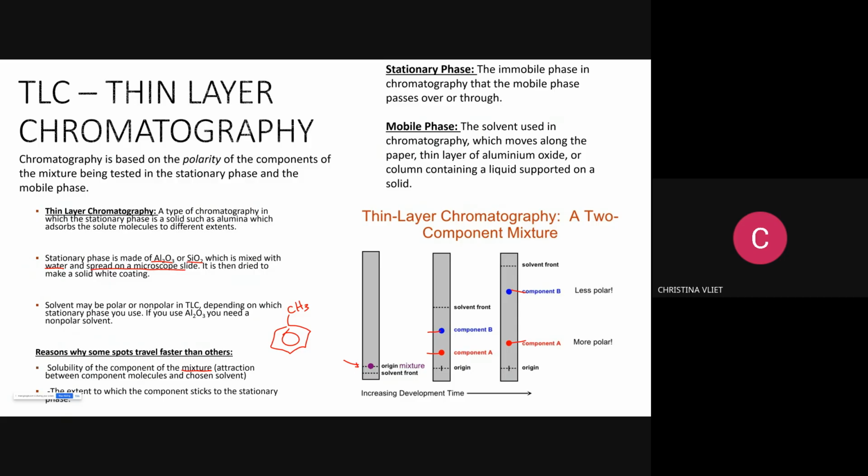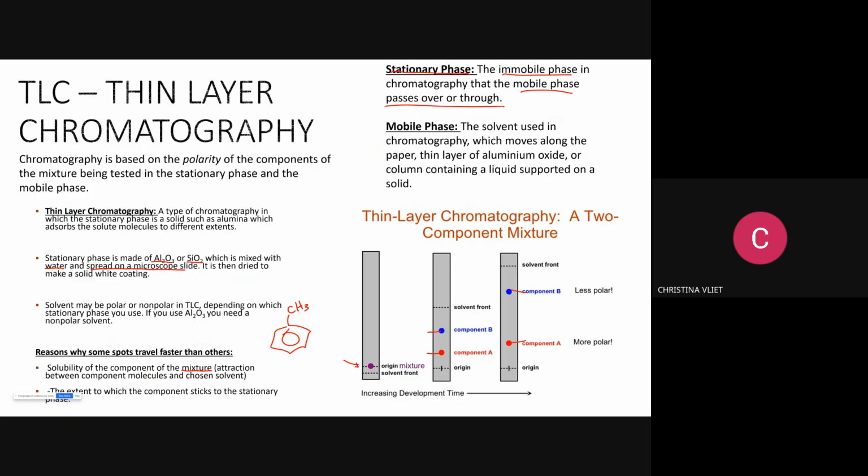So something that's more polar/ionic will stay back on the bottom. It won't travel as far because it gets stuck with the paper, basically, or with the stationary phase. So you've got two phases to be aware of. The stationary phase is the phase that doesn't move. This is where your mobile phase will pass through.